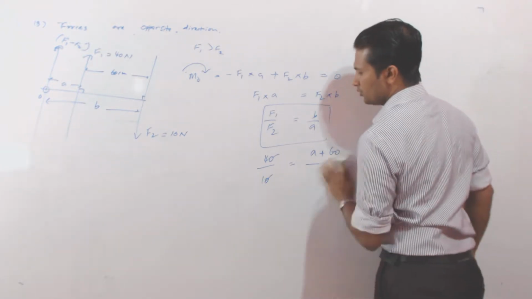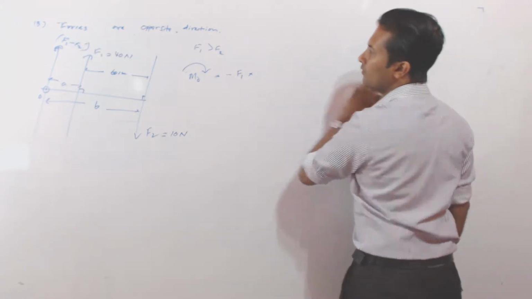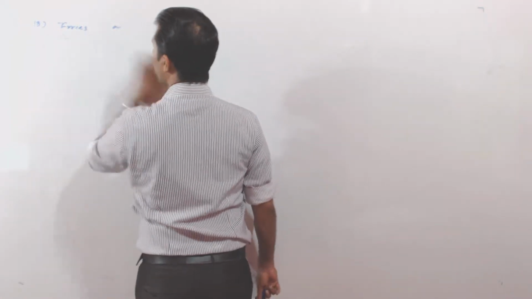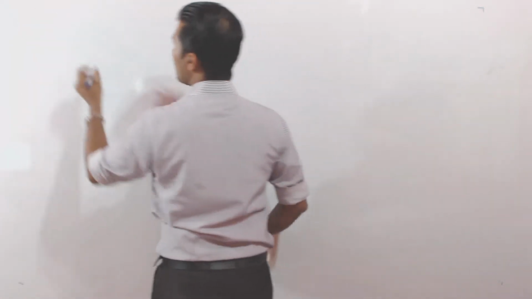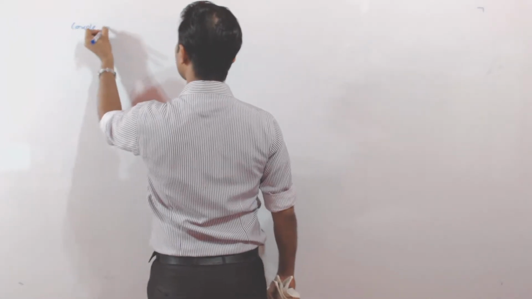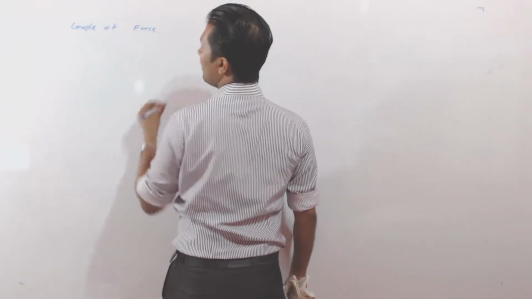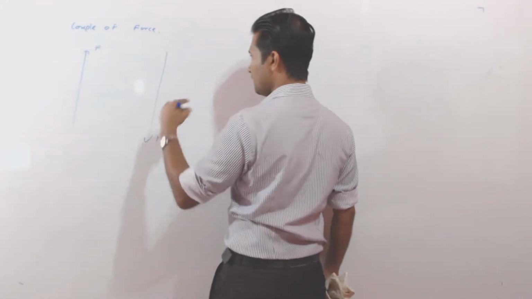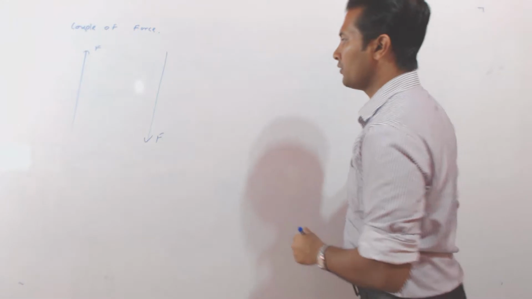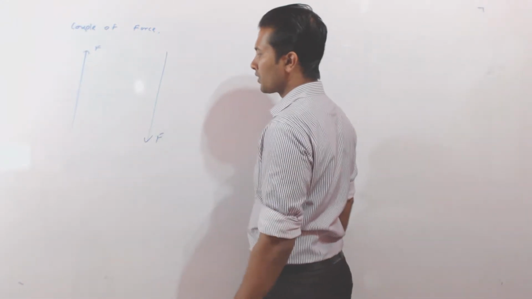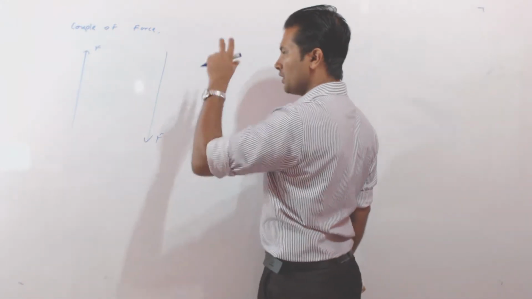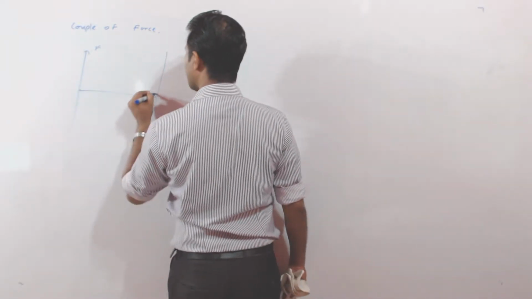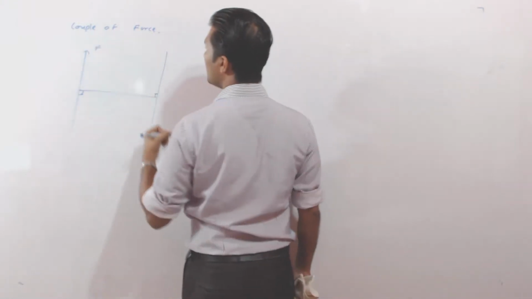Now we can move on to moment, the special type of moment which is called couple of force. So that occurs, according to the previous theory, when forces are opposite in direction but the magnitude is equal.